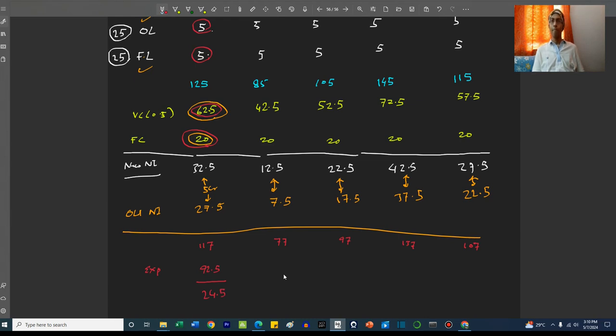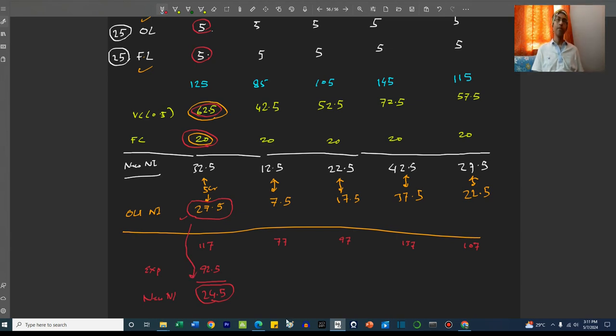So the old net income would have been 27.5, but because the expense that got added was not compensated by the resulting revenue increment, the new net income in this second scenario actually decreased. Instead of increasing, it went down to 24.5.